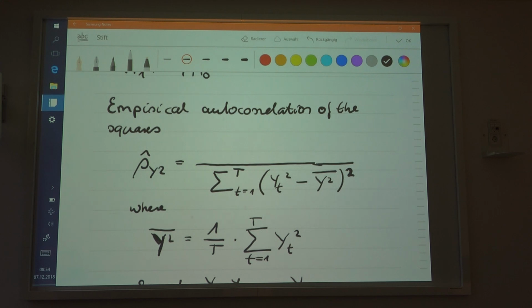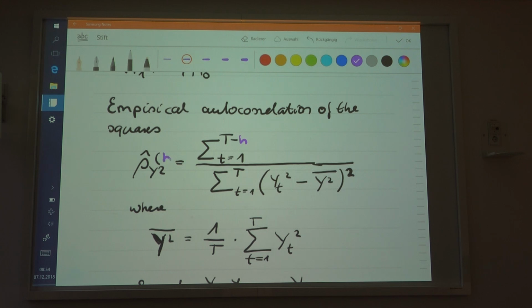There may be a simplified version of it. Because some of the summands fall out, you start at t equal to 1, and the final one will be capital T minus h, where h is the time lag that I'm using for this autocorrelation.